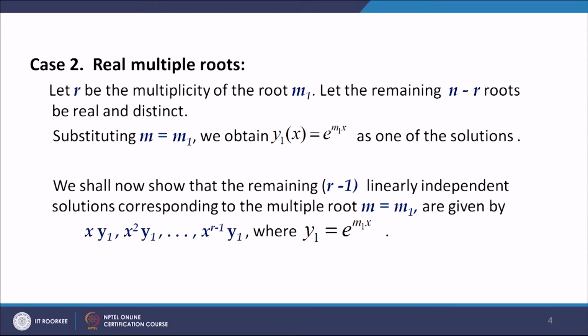Corresponding to the n minus r real and distinct roots, we can write the corresponding part of the complementary function like we wrote in case 1. So, when we have r roots which are equal, how will we find the corresponding part of the complementary function? Let us see that here.